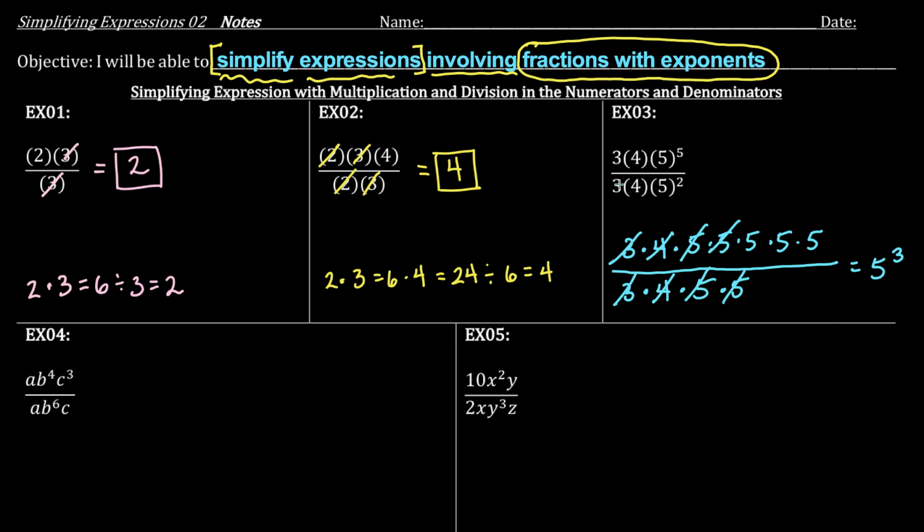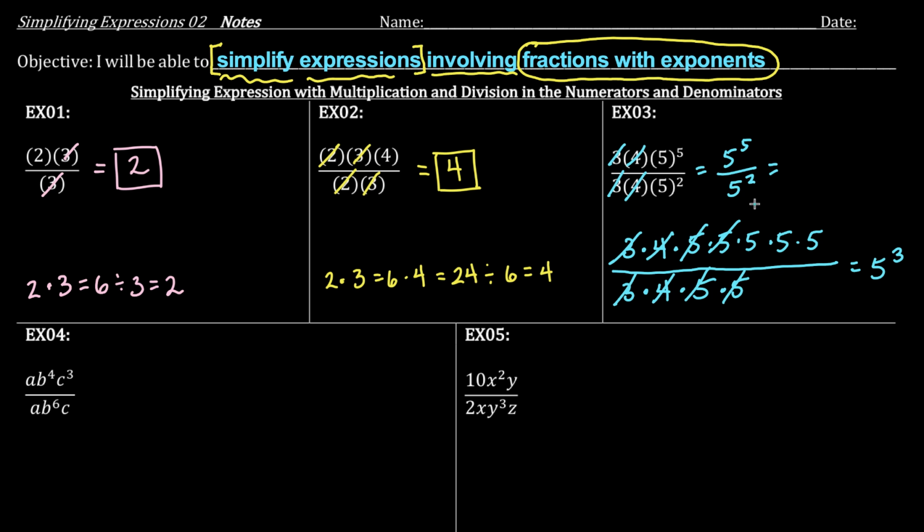Now there has to be a faster way of doing this, right? So 3 divided by 3 is 1, so times 1, right? We just end up with this times 1, same thing. 4 divided by 4, right? So now we end up with this 5 to the 5th power over 5 to the 2nd power. So in reality, there's 5 of these 5s on top.